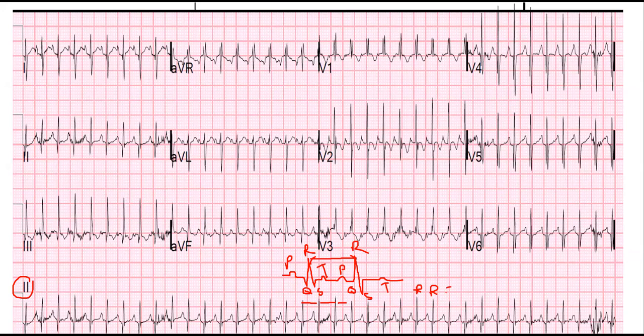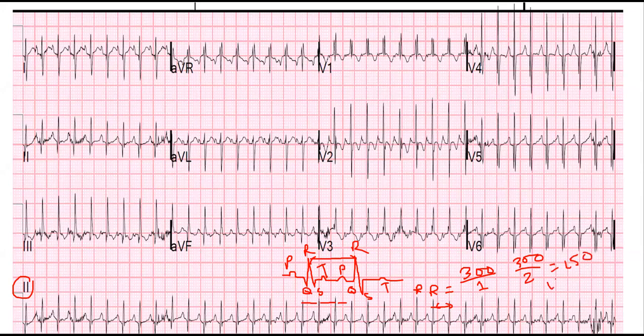So if the rhythm is regular, then heart rate is equal to 300 divided by the number of large squares between the RR interval. So in between these two RR intervals, how many large squares are there? You just divide it here. If there is only one large square, then the heart rate will be 300. If there are two large squares, the heart rate will be 150.